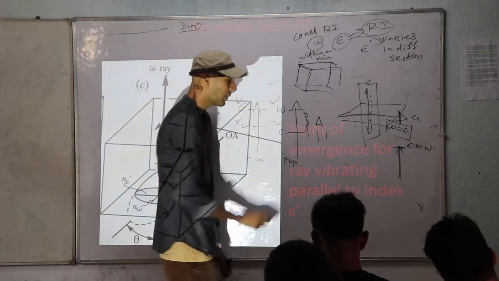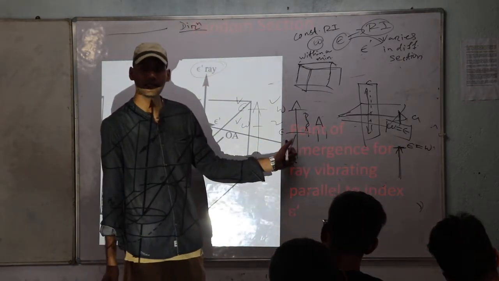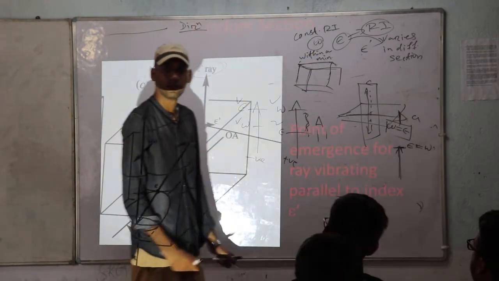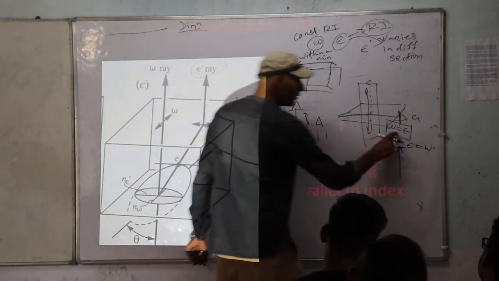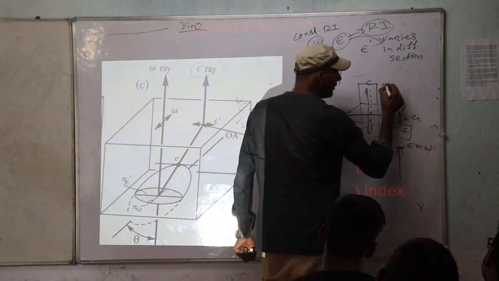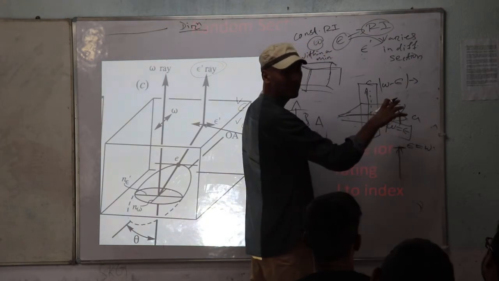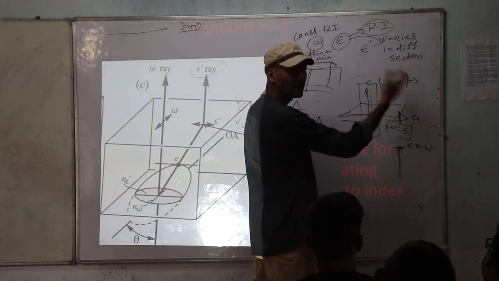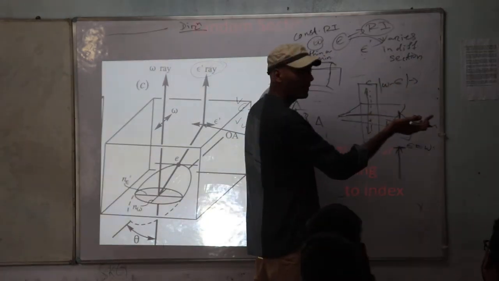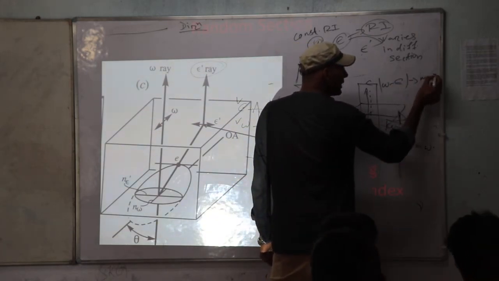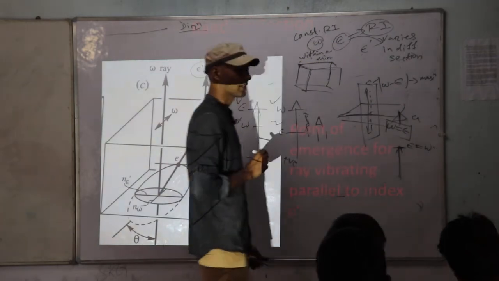This difference is maximum in the principal section, and zero in the basal section. Here omega is equal to epsilon, here mod of omega minus epsilon is maximum. Why have I taken the mod? Either omega will be faster or epsilon will be faster depending upon whether the mineral is positive or negative.